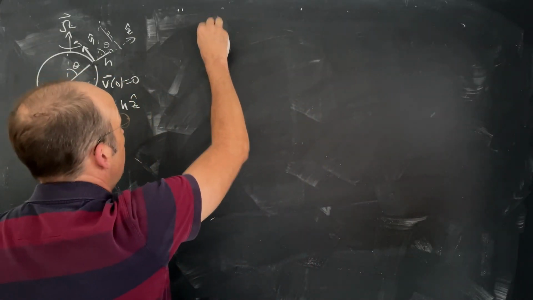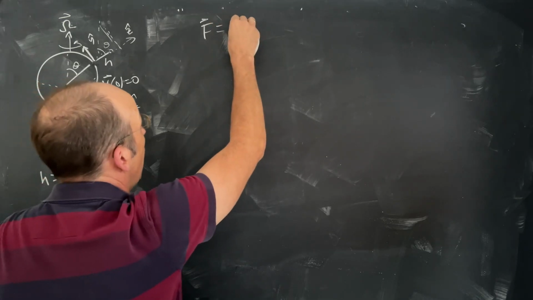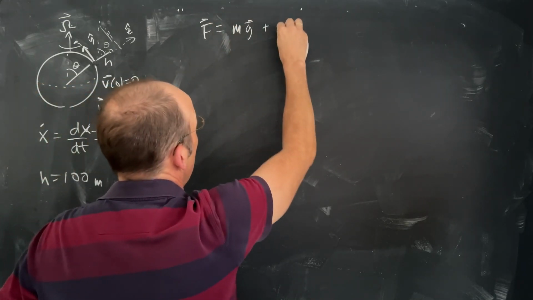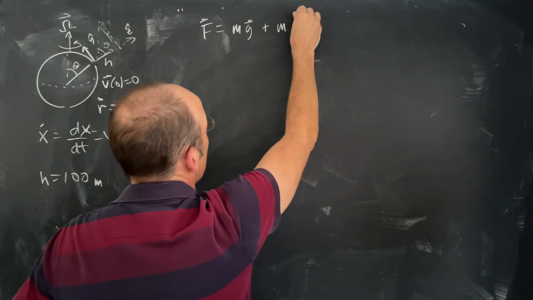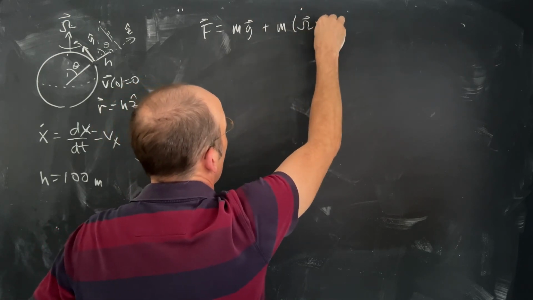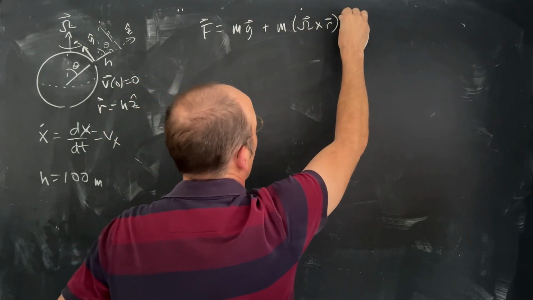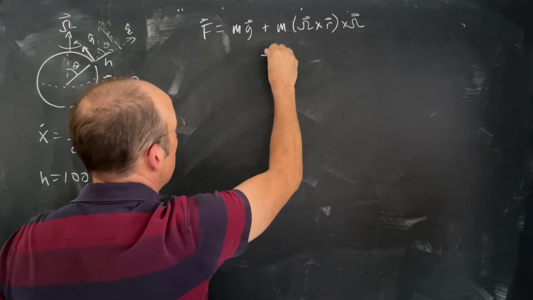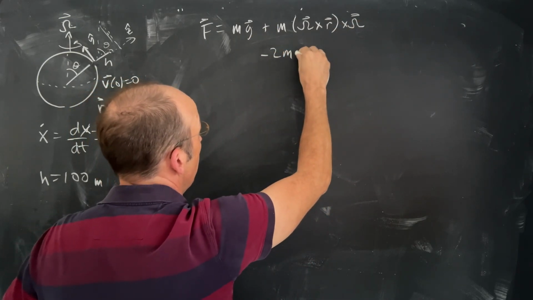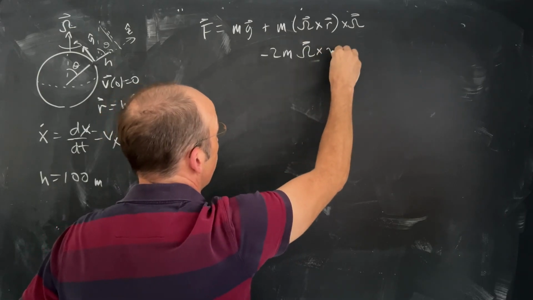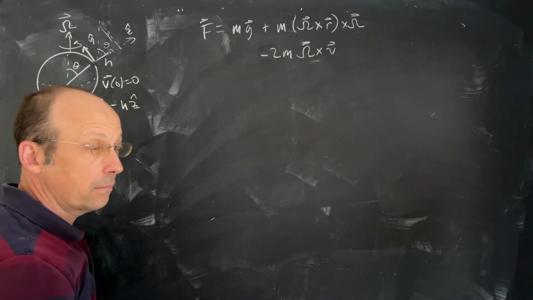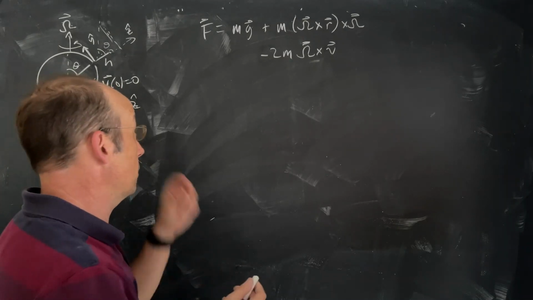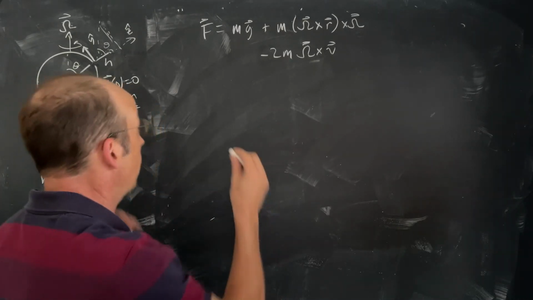So the force on the object is going to be equal to mg plus m times omega cross r cross omega plus minus 2m omega cross v. That's it, right? And again, we can divide by the mass on both sides and get the acceleration if you want. I'm going to go ahead and do that.